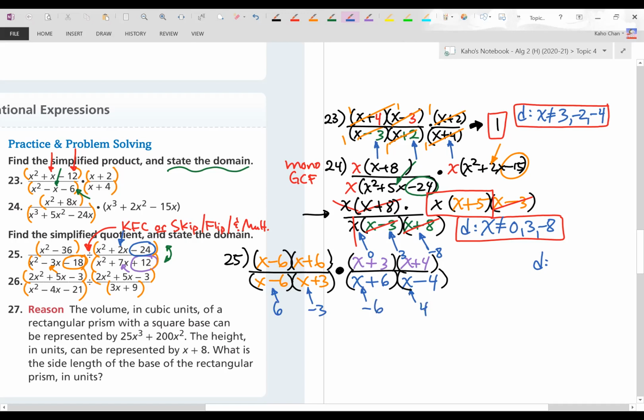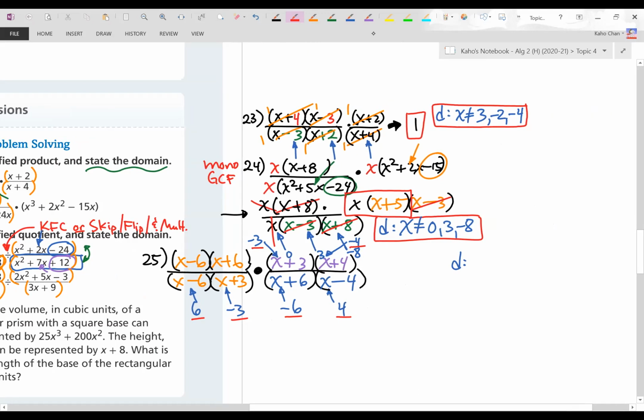But remember the original problem also had in the denominator x squared plus 7x plus 12. That means I've got to look up here as well. Up here, this is x minus 3, which is a duplication, and x minus 4. That was originally the denominator. Those are my restrictions. I can't have those in the domain.